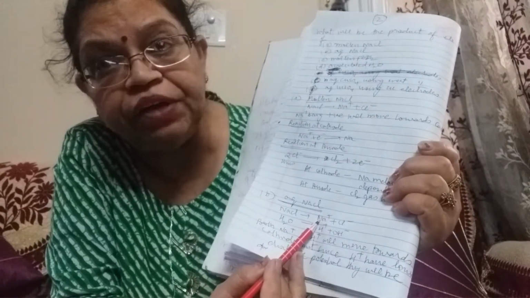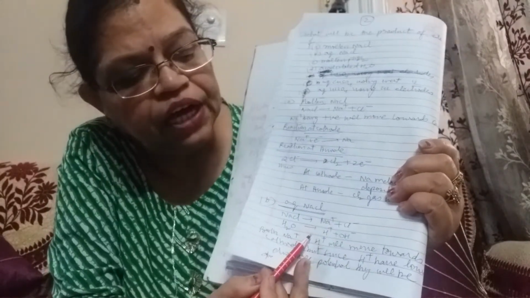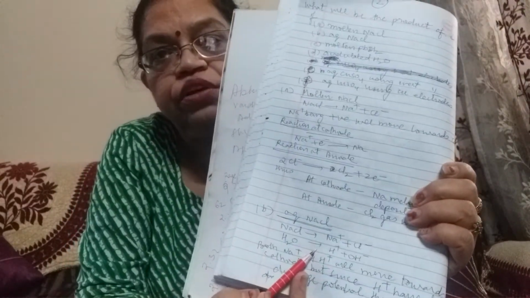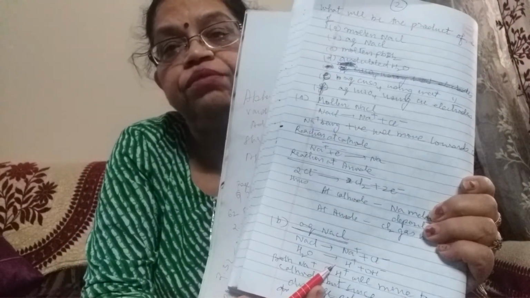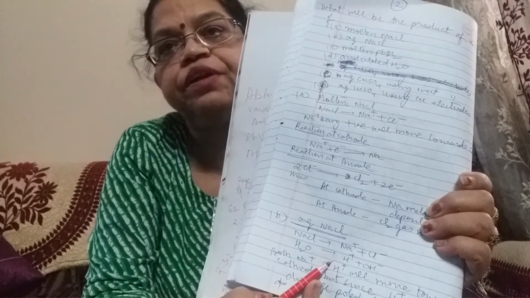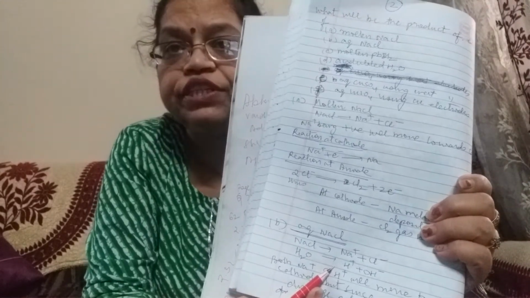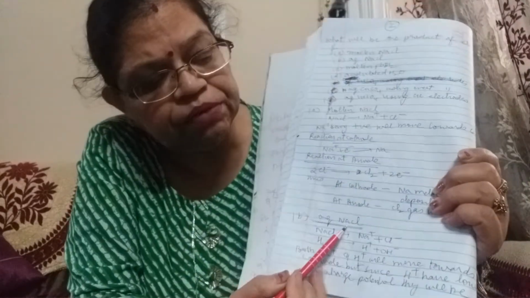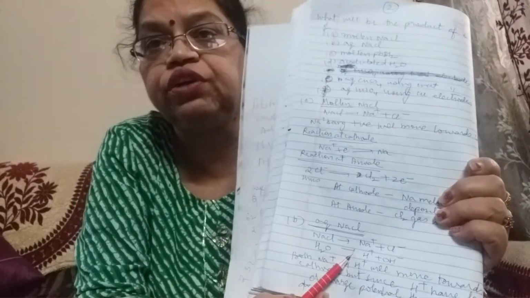Now both sodium ions and H ions are positive. Both will start moving towards the cathode. When we were taking molten sodium chloride, only sodium ions were present and they moved towards the cathode. But when we take aqueous sodium chloride, both sodium ions and H ions will move towards the cathode.